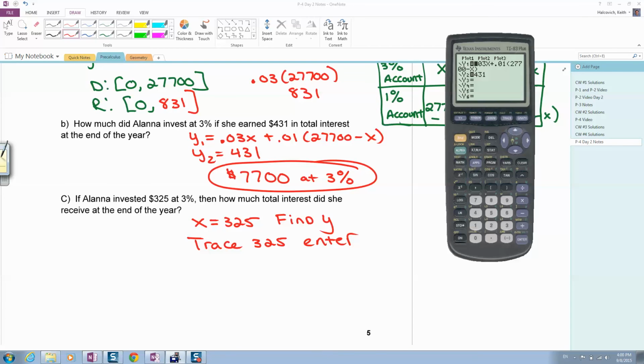So once again, you hit that, you clear. Oh, I shouldn't have actually cleared that one. Sorry about that, don't clear it.